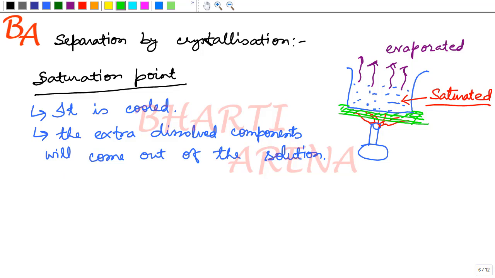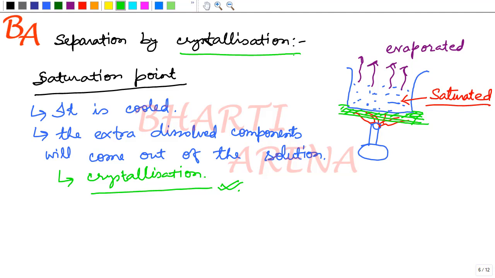As we all know, this is known as crystallization. So by this method, the solid dissolved in the liquid comes out or is separated, and this method is known as crystallization.